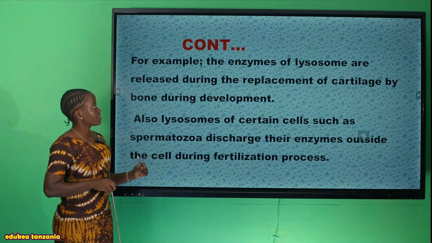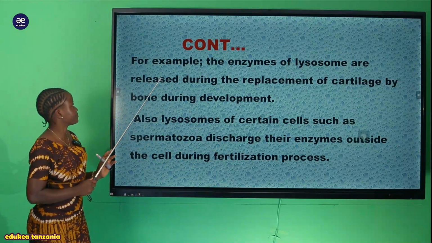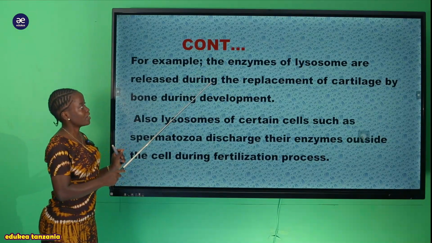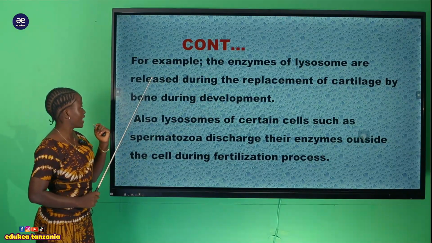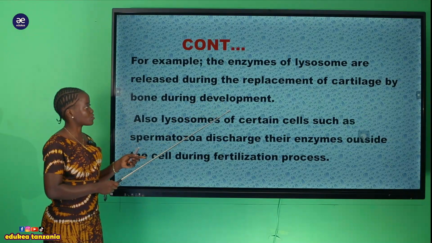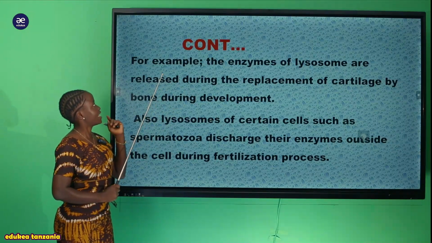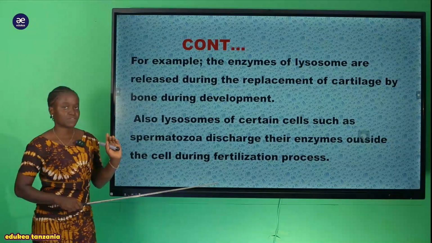And also we can simply say that, for example, the enzymes of lysosome are released during the replacement of cartilage by bone during development. Here we have seen that this is a very good example.